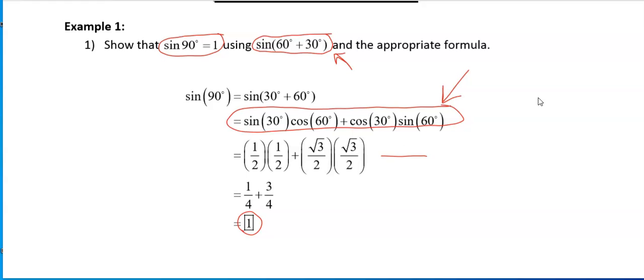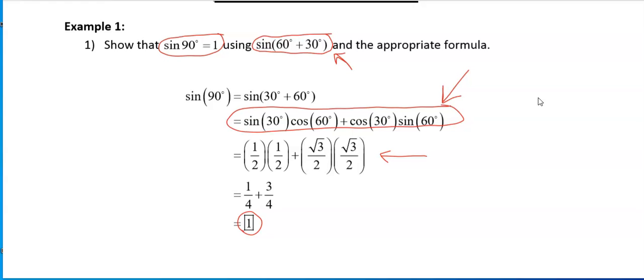You may also notice that, for example, some of the ratios here, the cosine of 30 is root 3 over 2, and the sine of 60 is also root 3 over 2. You may be unfamiliar with how to get ratios as radicals. Some calculators give the ratios as radicals. If you were to get it manually by hand, it would require knowledge of two special triangles in mathematics.